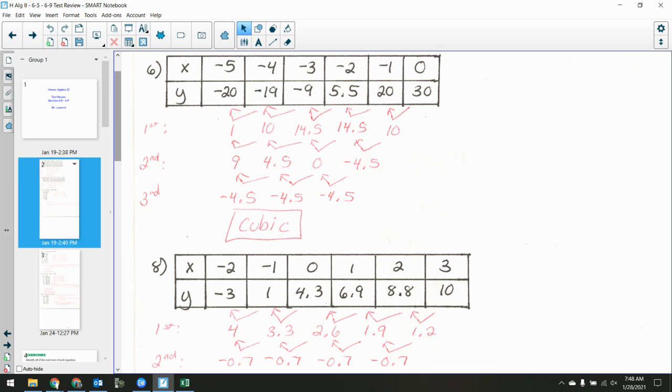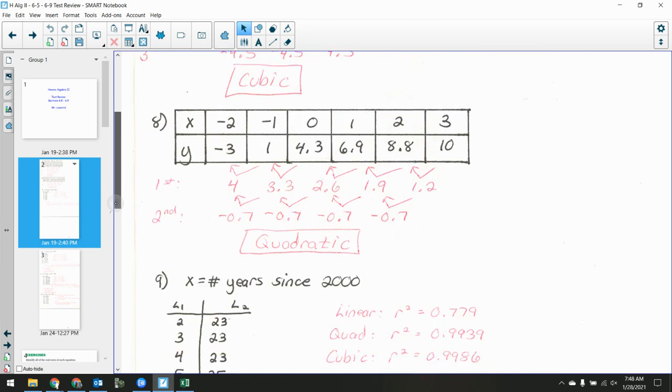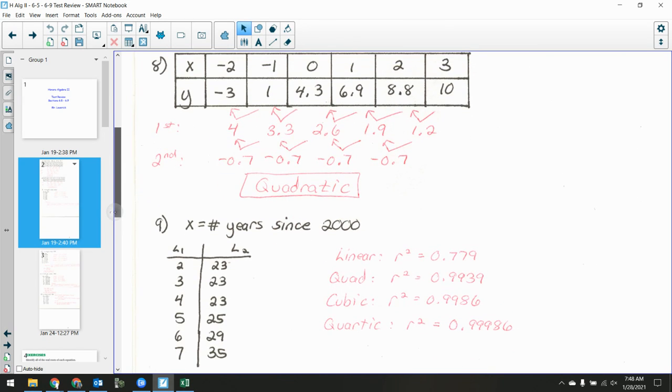You should get a 1 in your calculator for the regression. But your calculators only go up to quartic. This difference test will work infinitely in terms of the degree, so it really will go on forever if you want.